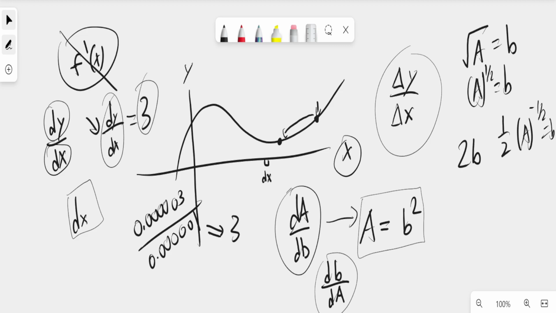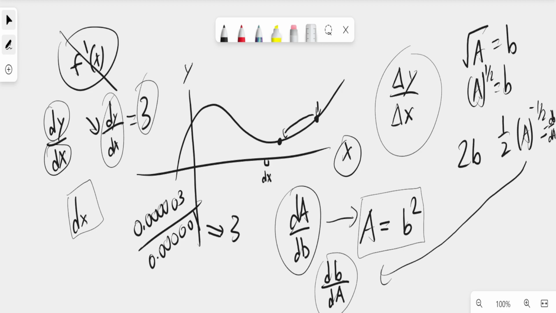Because now you're measuring the change in b with respect to a. Oops, wait, give me 1 second. So that's dB dA. Let me make sure I did that right. Yeah, okay, so that's dB dA. Sorry if it's a little squished.